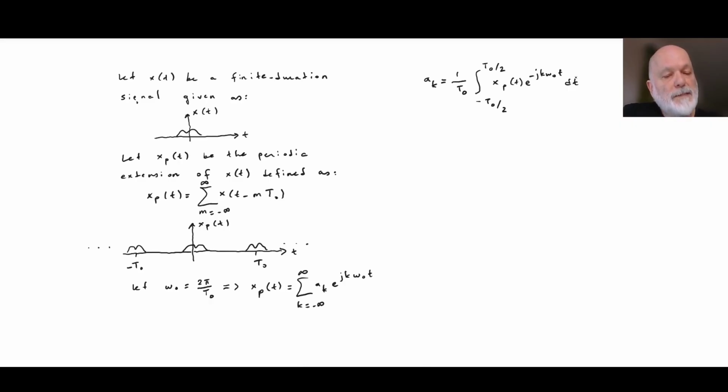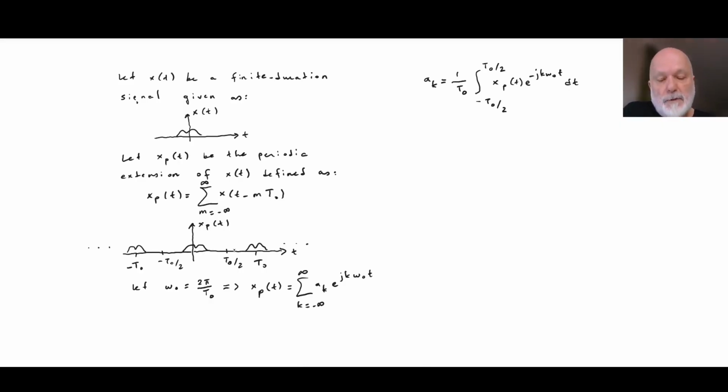Now, just look at the integration interval. It is from minus T0 over 2 to T0 over 2. So we can plot those 2 points on the graph. So we have minus T0 over 2 to T0 over 2.